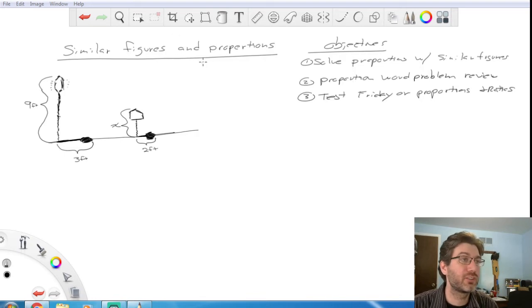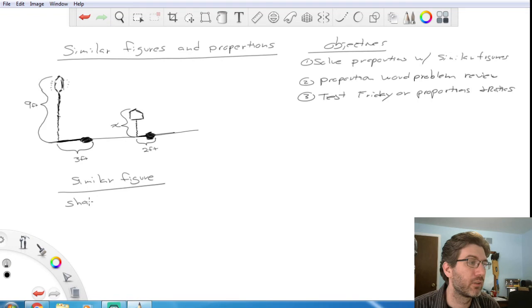So first, let's decide what a similar figure is. So first we have a definition of similar figure. A similar figure is a shape. It's actually two shapes or more that have the same shape, so they have the same angles and stuff like that, but different sizes.